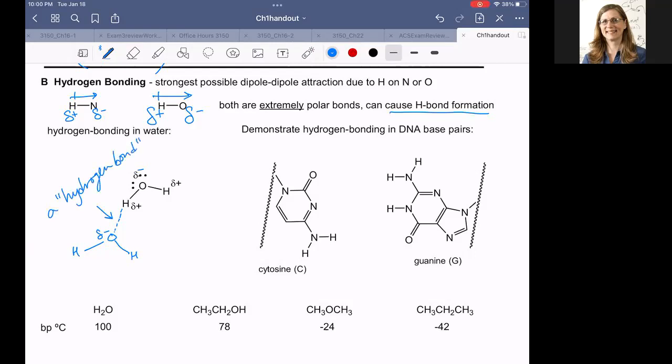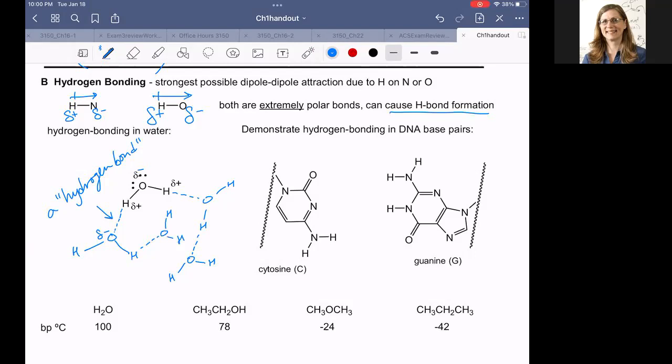A hydrogen bond is an attraction between two molecules of the partial positive hydrogen of one and an oxygen of the other. And this can continue in every direction. Every hydrogen is going to be attracted to the oxygen of another water molecule, and so on and so on.